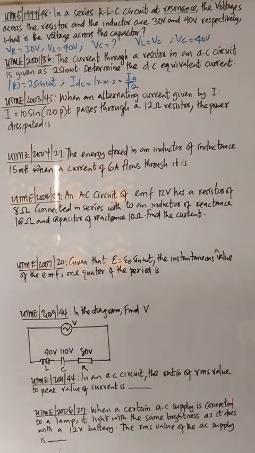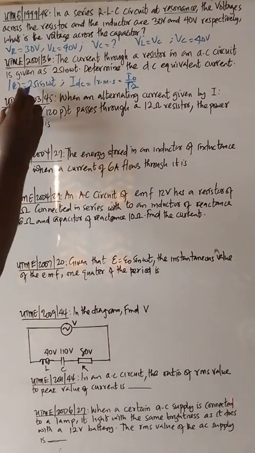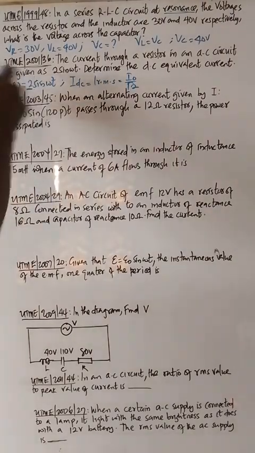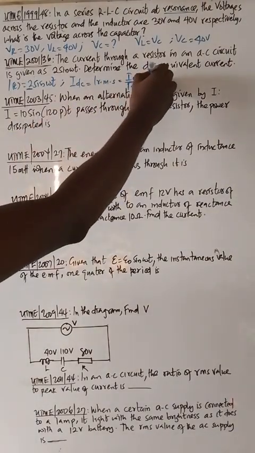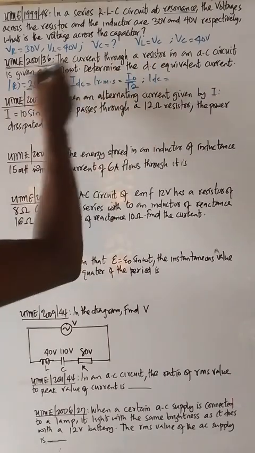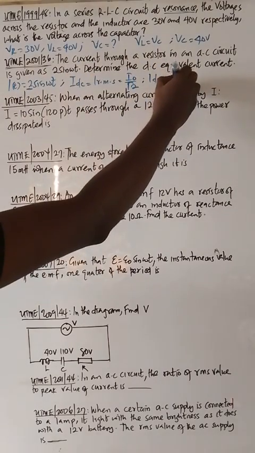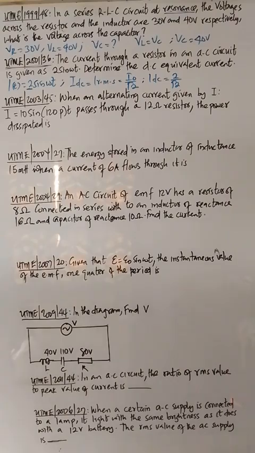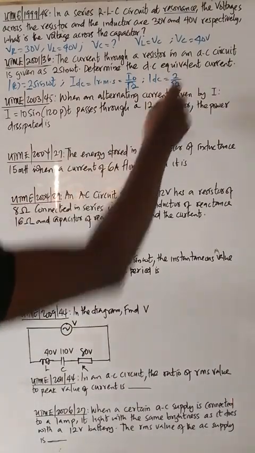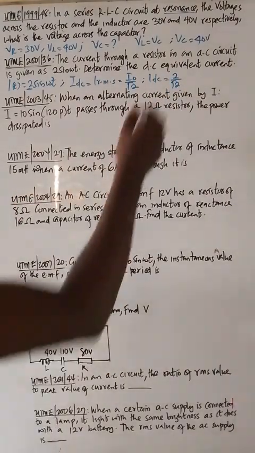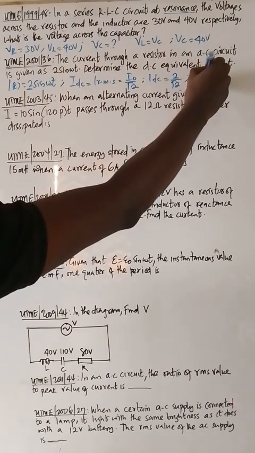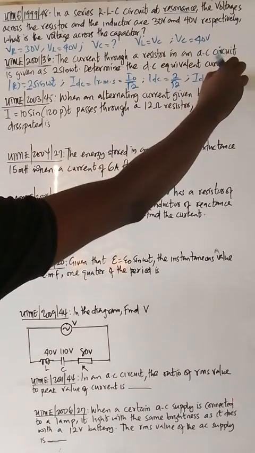What's I naught? The peak current. And what's the peak current? What we have beside the sine. So this is our peak. So it means our IDC equals 2 over root 2. Finish. If you rationalize, multiply this by root 2 over root 2. So at the end, you are going to get our IDC to be root 2 amperes.